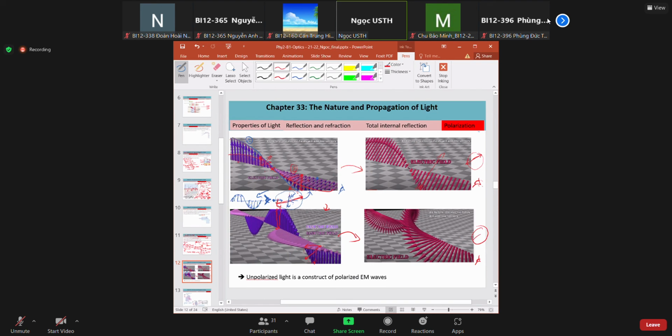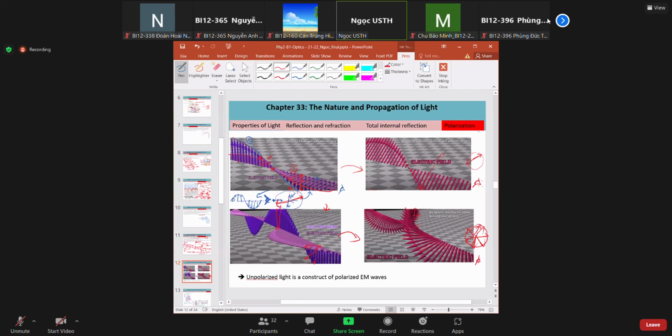You see that it has all the directions. Okay, so if you look at this position, you look at the directions and the magnitude of the electric field of this wave, you will see that it has all the directions. You see, it has this direction, this direction, this direction, all the directions. Okay, so that's why you have all the directions here.